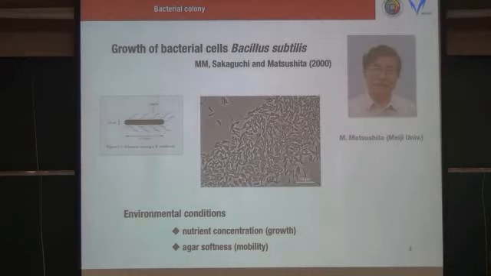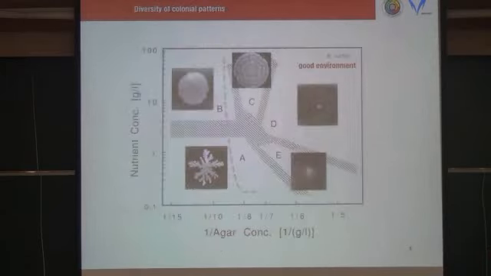And Matsushita and his colleagues observed the following 5 patterns. This axis is 1 over agar. So this means it is very soft, and this is very hard. Okay, this is a high concentration, and this is a lower concentration. It means in this area, the nutrient is very nice, and also they can swim easily.